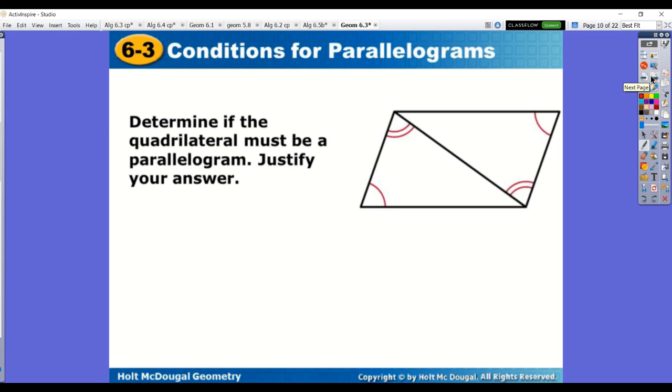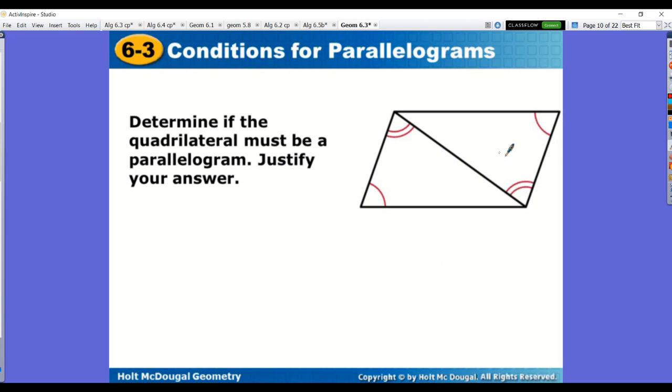Sometimes we have a situation where we don't have any numbers, but they give us some information, and we have to determine if this actually is a parallelogram or not. Sometimes it's a yes, sometimes it's a no. Sometimes we have enough information just to apply one of the theorems from today. Other times we need to use some other information for this.